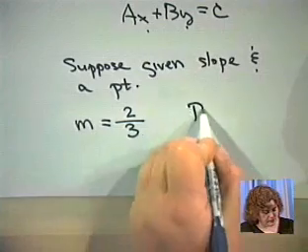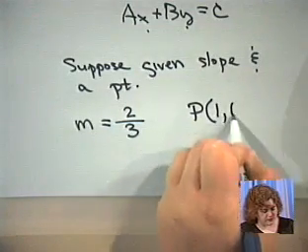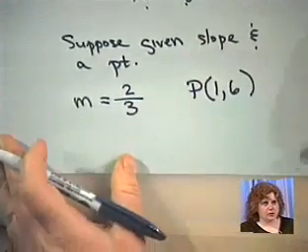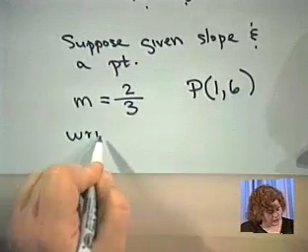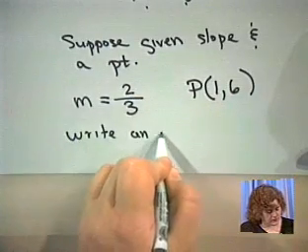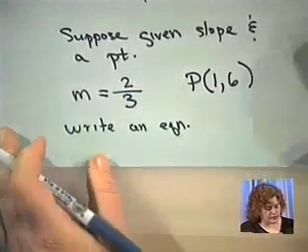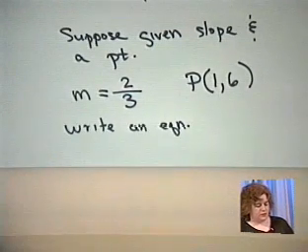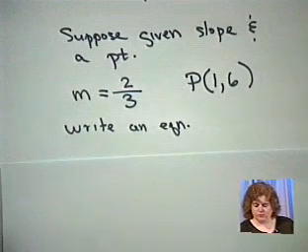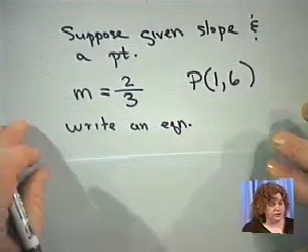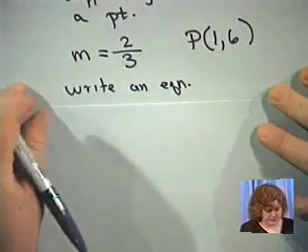And you have the point P with coordinates 1, 6. Your task is to write an equation. Well, you already know how to calculate slope. Well, let's just review what that equation looks like, so we're going to build off of that.